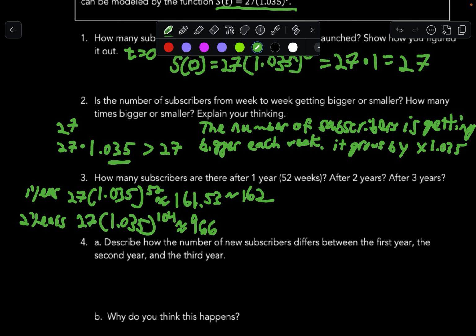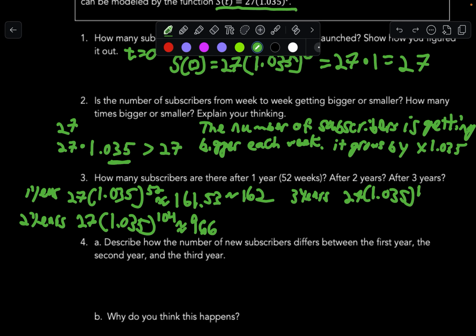And then 3 years would be 27 times 1.035 to the power of 3 times 52, which is, 3 times 50 is 150, plus 2 times 3 is 6, so it's the 156th power.